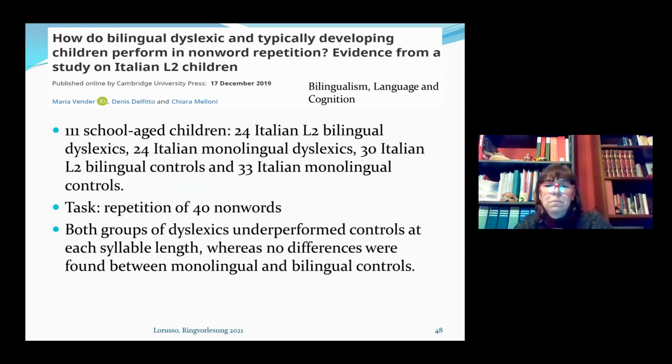This study by Bender, De Fitto and Melloni included 111 school-age children, of whom some were Italian monolingual controls and half of the sample were bilingual controls.